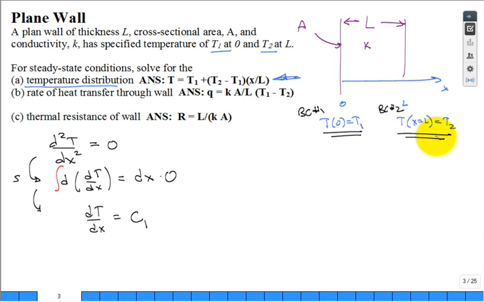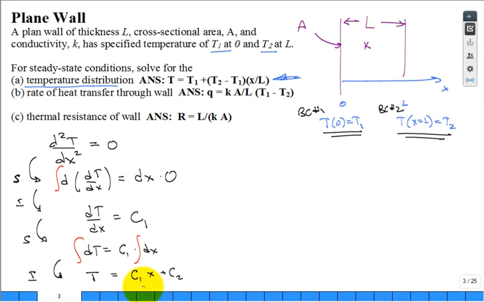All right, now, so we had the separate step, we had the integrate step. What's the next step? Separate again. So we get dT is equal to C1 times dx, and then we just integrate. That's our integration step. That constant can come outside the integral. So we do the integration step, and you have T is equal to C1x plus C2, two constants of integration.